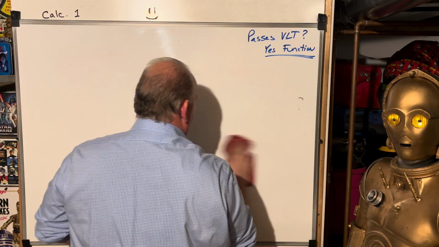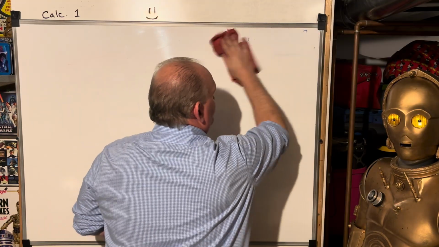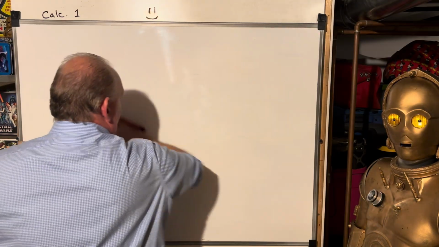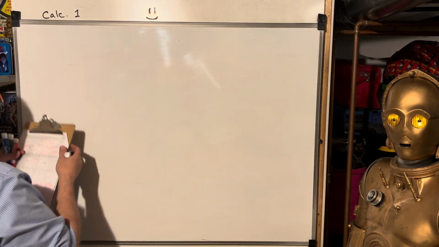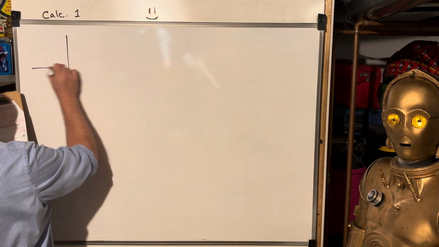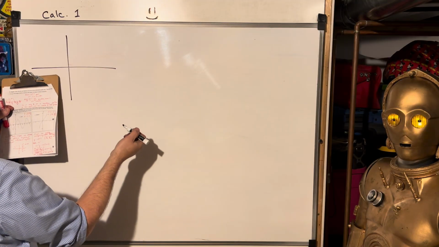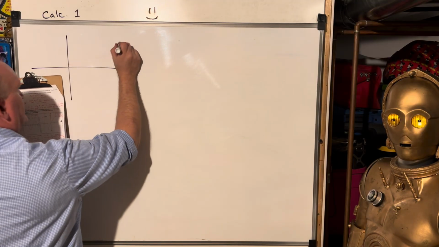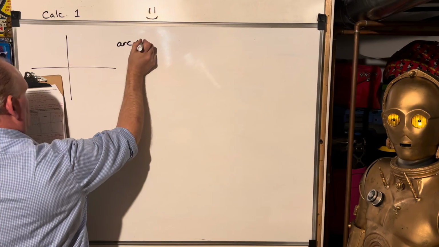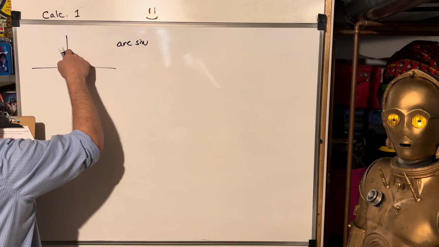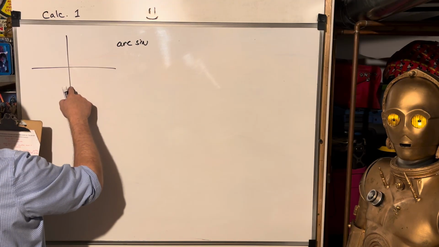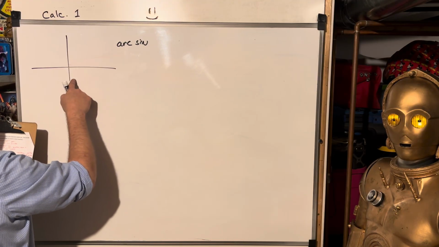What's going on there? So arc sine is only going to exist from 0 to 90 and -90, which is 270.